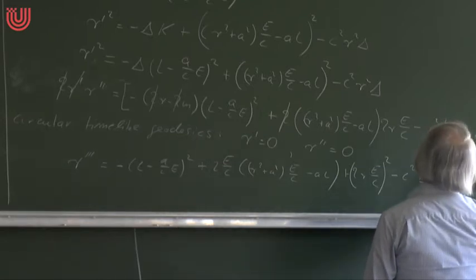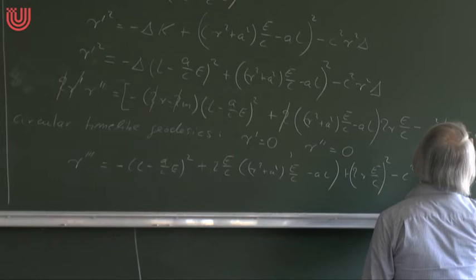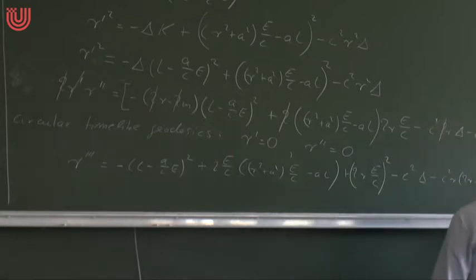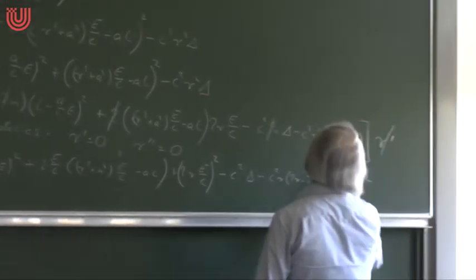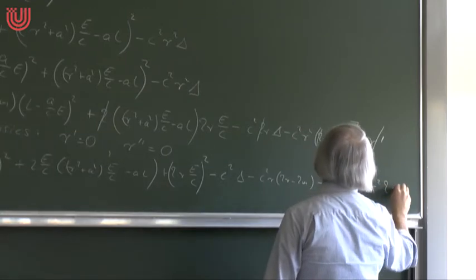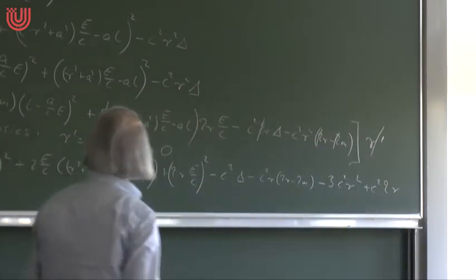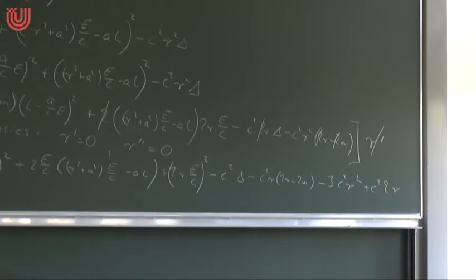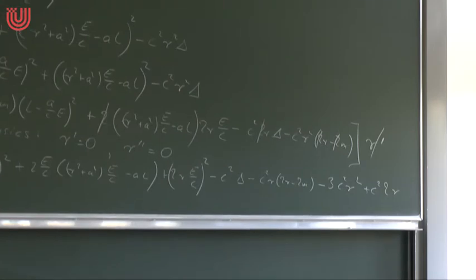This comes again, right? Or let me write it in this place. This is R cubed, so this gives minus 3C squared R squared, and plus C squared 2 times R. That's it. So now we have 3 equations.